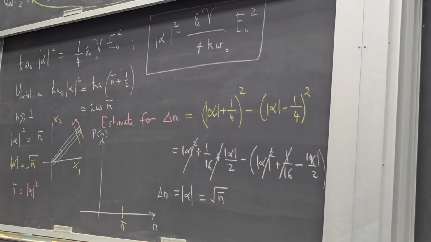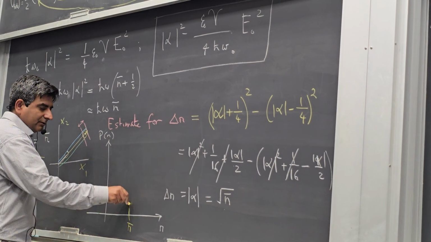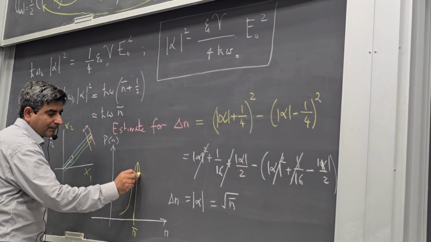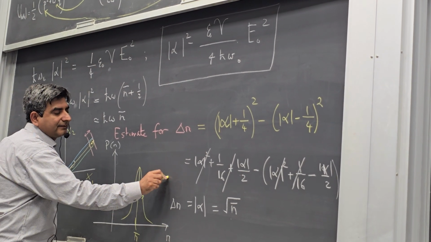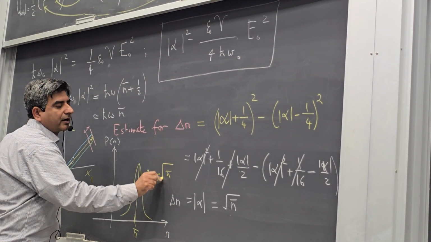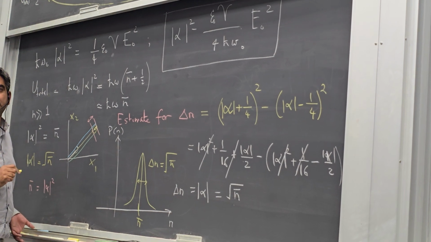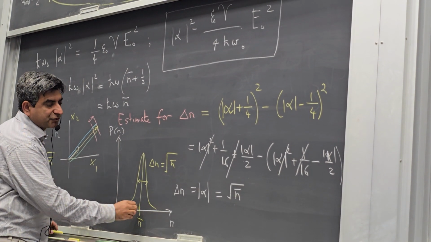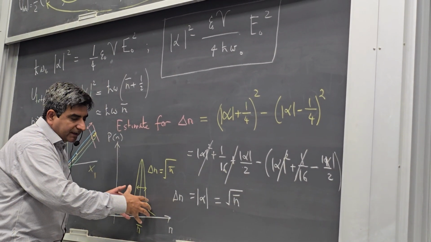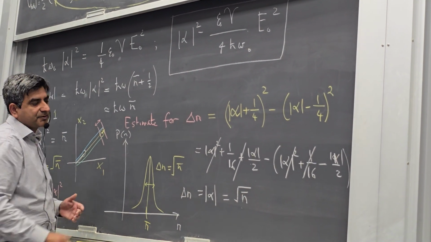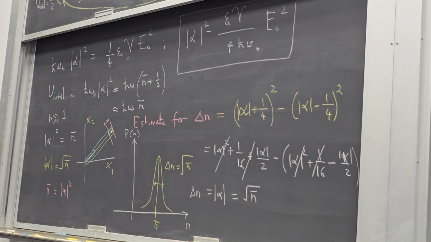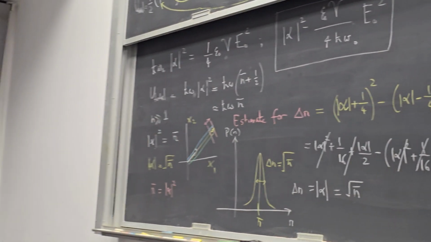This distribution has a special name. This delta n is the square root of n bar. So as the n bar average goes up, the width also increases. Such a distribution is called a Poisson distribution. This is a Poissonian distribution.